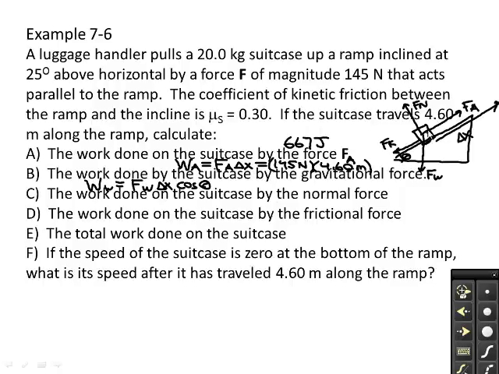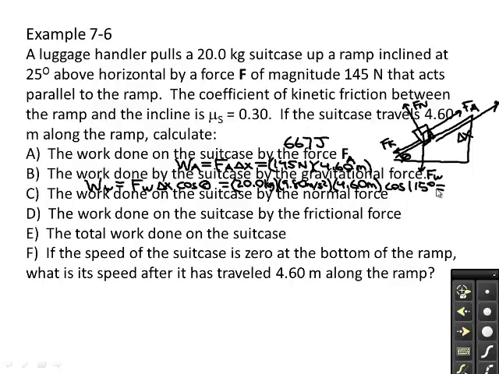So check it out. We're talking about this angle right here. So if the angle of the ramp is 25 degrees, what we're going to do is add on 90 degrees and get 115. So literally, we can say, all right, it's a 20 kilogram suitcase, so I've got 20 kilograms times 9.80 meters per second squared times 4.60 meters times the cosine of 115 degrees.